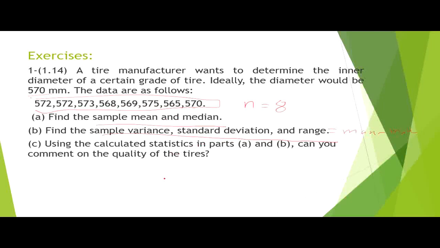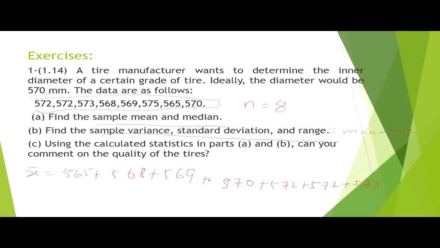Okay, we will do this one. What is the mean? X bar. Start from the first one. The minimum value is 565, 568, again 569, 570, 572, 572, 573.